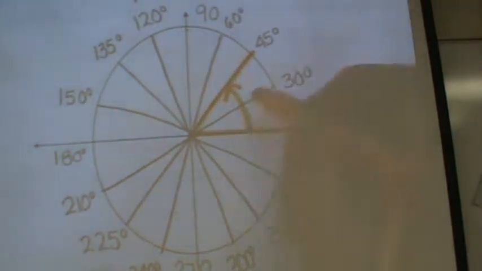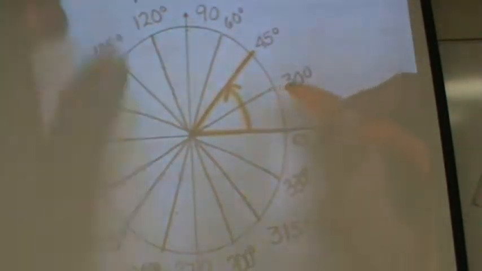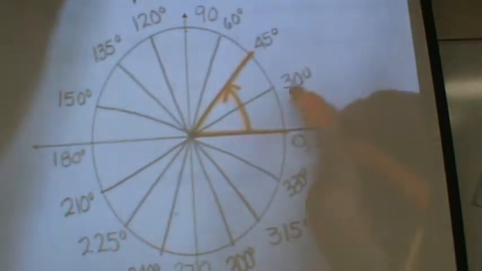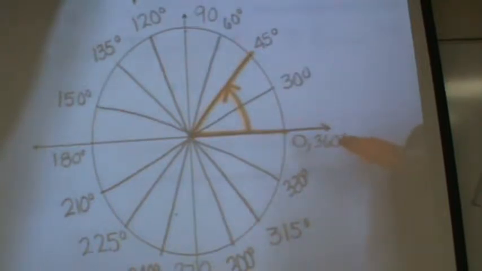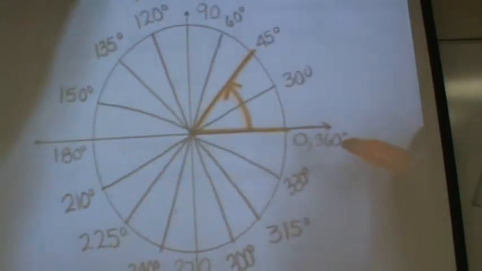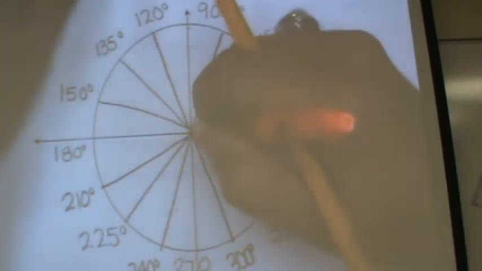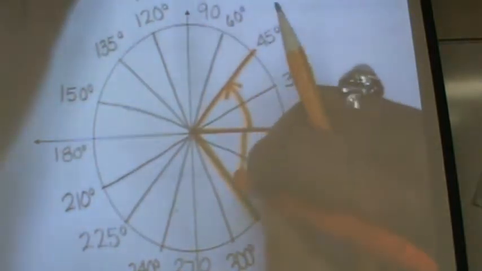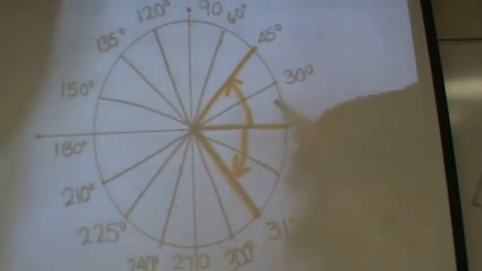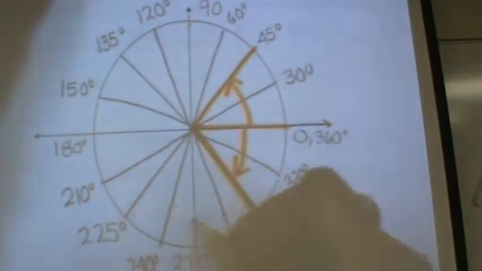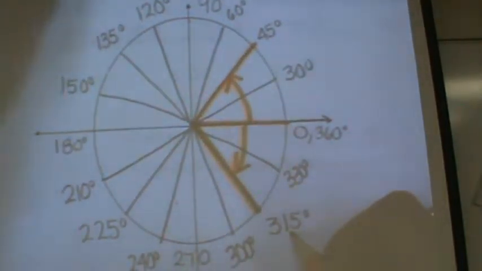I said clockwise, but I meant counterclockwise. A positive angle is counterclockwise. What if I asked you what angle this is right here? Negative 45. It is negative 45, or we can call it 315 degrees.